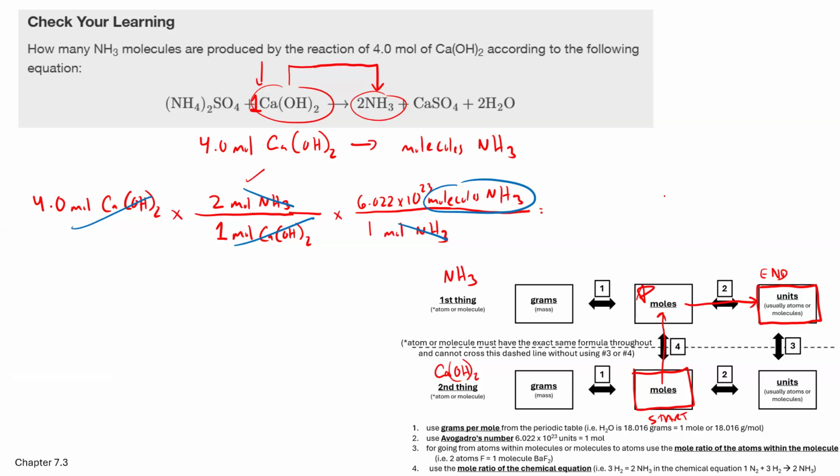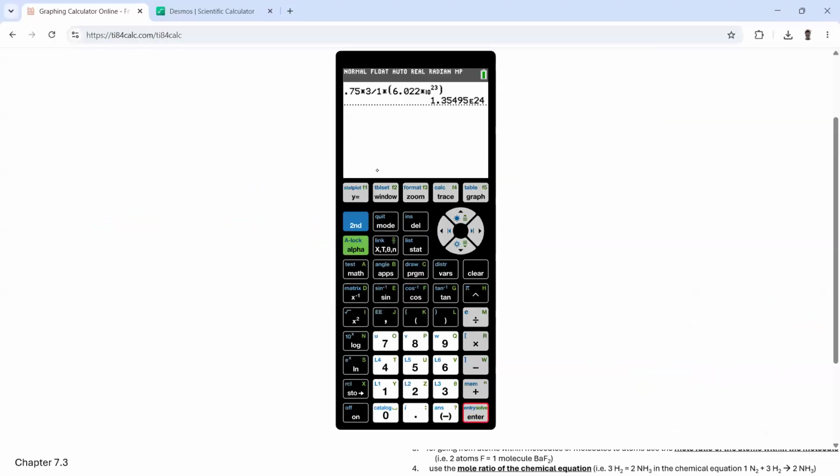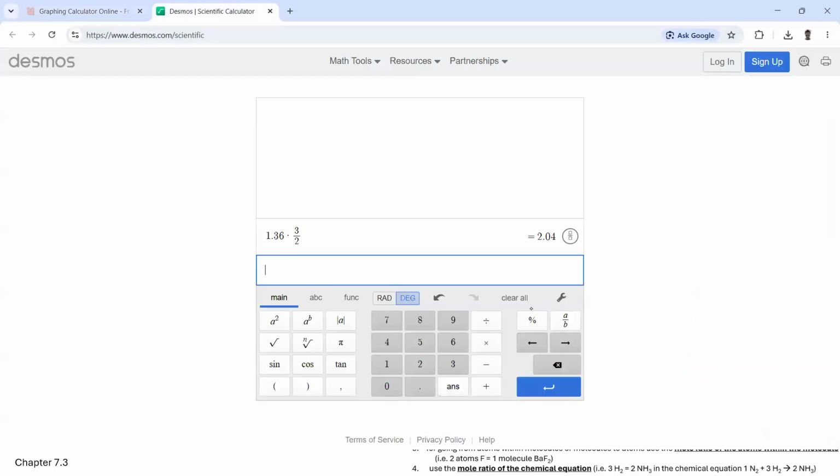I'm going to write our units first. I like doing the units first to make sure we are doing this correctly. It's like a free check to double check. So let's try this out. So 4 times 2. Let's do a different calculator. Clear this. 4 times 2 times.